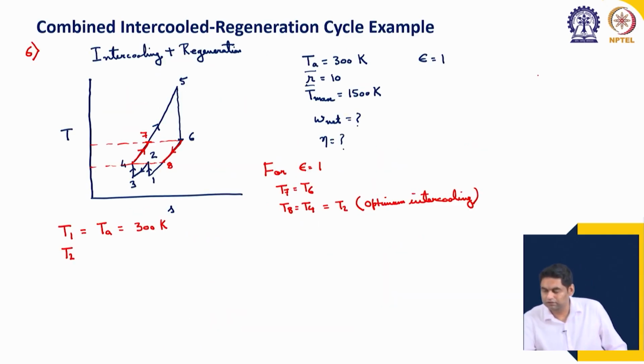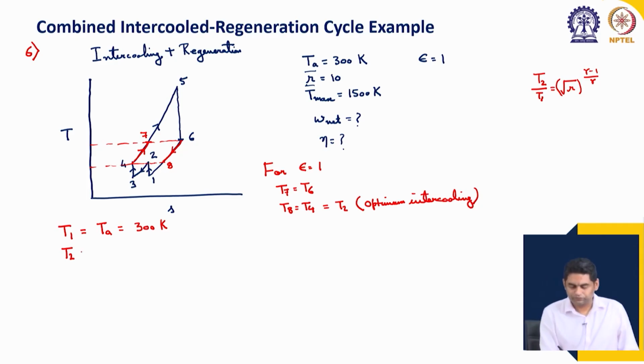T 2 by T 1. Let us write down here as rough: T 2 by T 1 is root r to the power gamma minus 1 by gamma. So, this is 416.85 Kelvin.